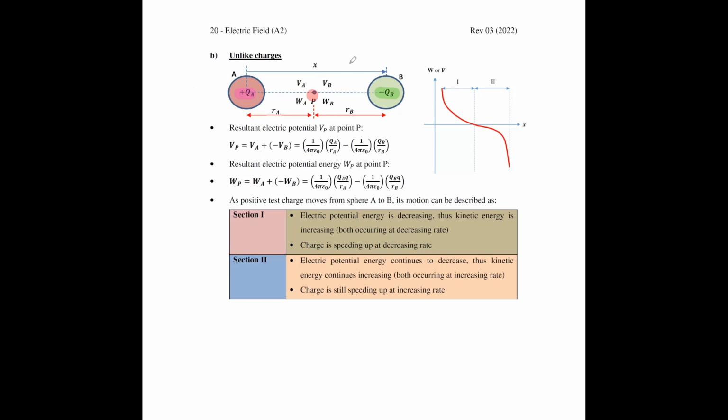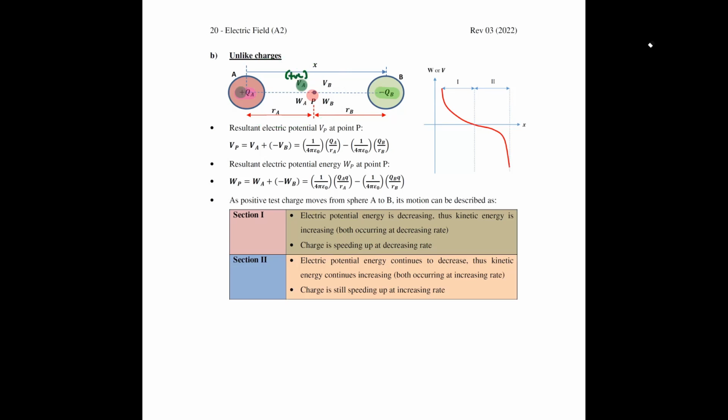If you consider the effects due to sphere A alone, you will have potential VA here, but no direction to consider. Since your charge A is positive, your VA must be positive.